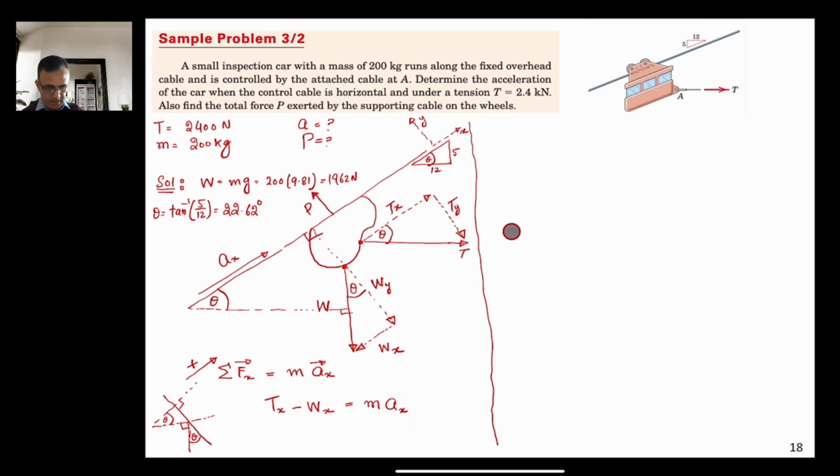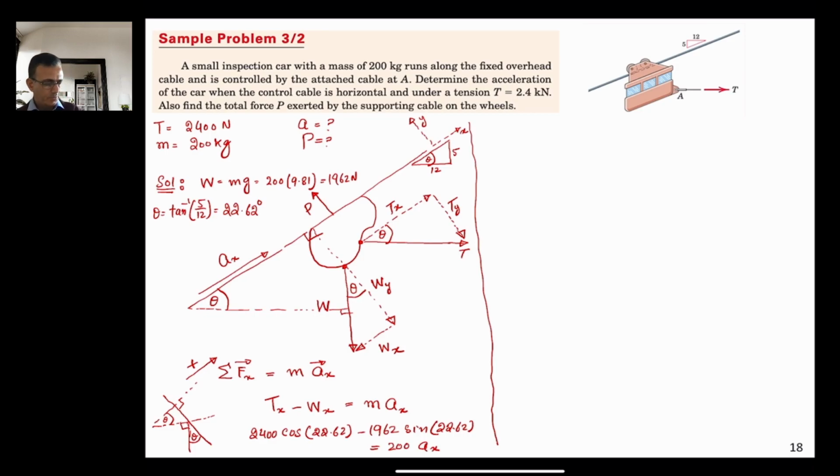So we know that this Tx is 2400 cos of theta, and we know theta, which is 22.62, and then minus Wx, which is 1962 sine of 22.62, equal to M, which is 200, Ax.